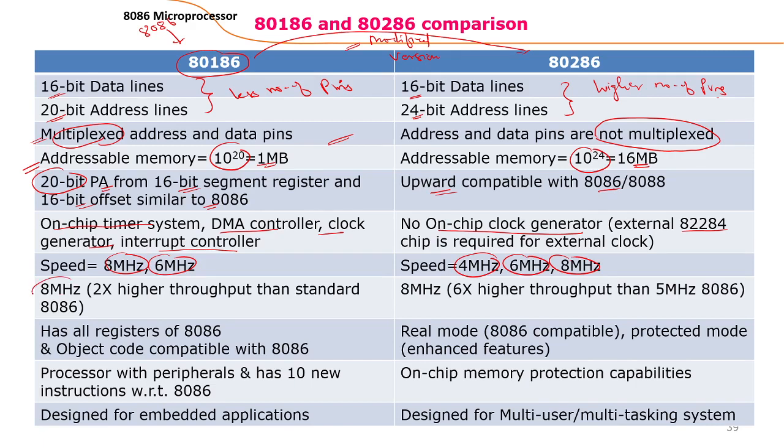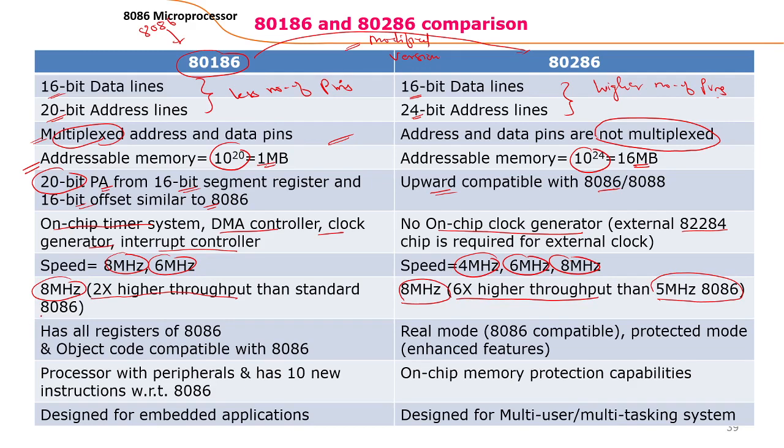At 8 MHz, the 80186 gives two times higher throughput than 8086. If 80286 is operating at 8 MHz, then it has 6 times higher throughput than a 5 MHz 8086 processor.